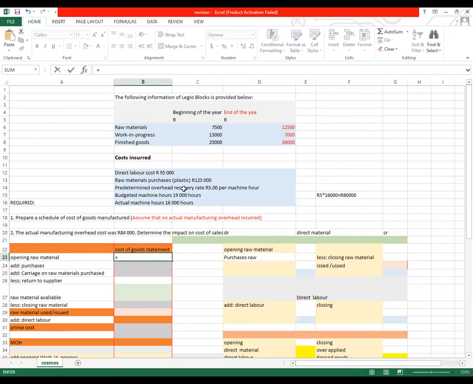How much is our opening raw material from this information? 7,500. Correct. Purchases. How much is our purchases, guys? 125,000.